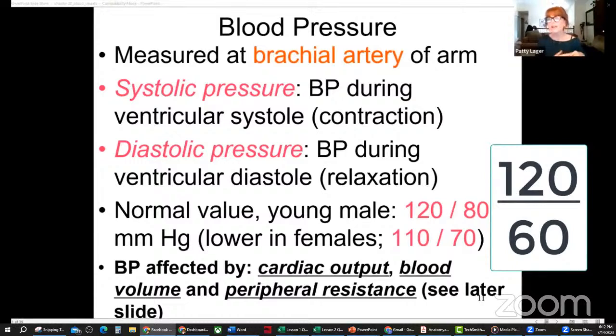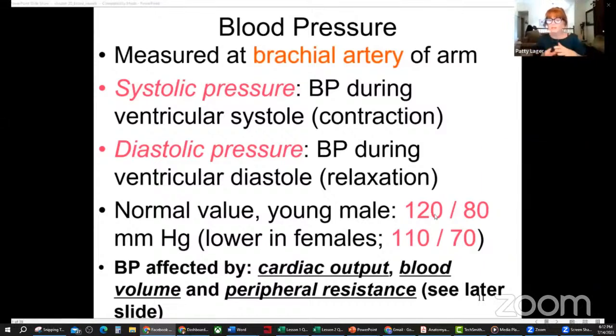120/80 has been kind of the norm that allopathic physicians put forth. For pre-nursing students and pre-med students, this is what I tell my own students a normal blood pressure reading is. In fact, what you see down here is what I specifically tell my students. I wanted to share this with you because, going out into the world of health, a lot of the people you're going to be working with are coming from the allopathic system.